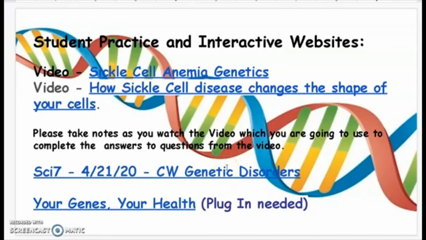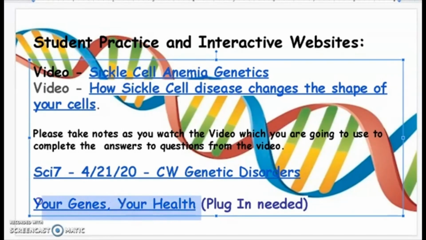Miss Butler has included a link right here to a website which talks about certain genetic disorders. And you will actually need Adobe Flash Player in order to access the information in the website. And so, good luck.